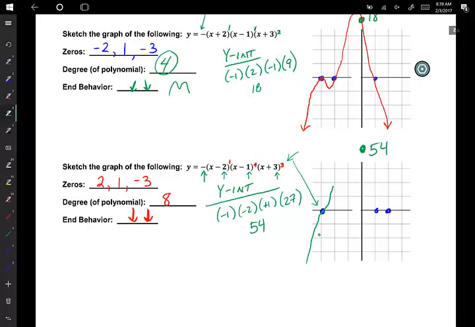It'll always come up as if it's going to turn and then go through. Let's just finish the graph. Go all the way up, come back down. At 1, does it go through? It's 4, so no. It comes back up, and then it goes back down through 2. Okay? And that's it for our notes.